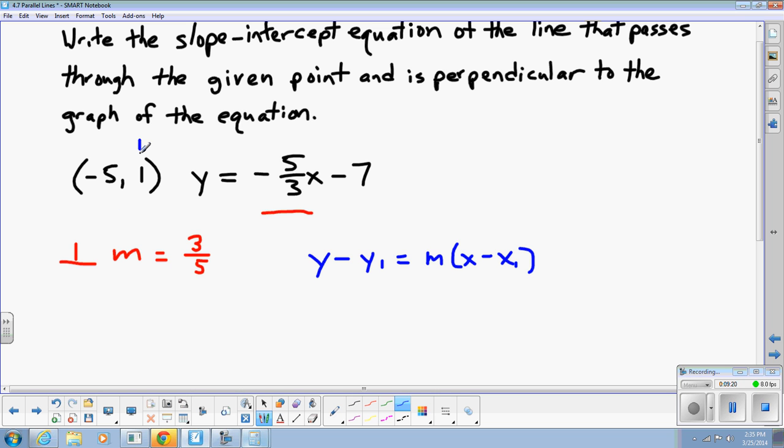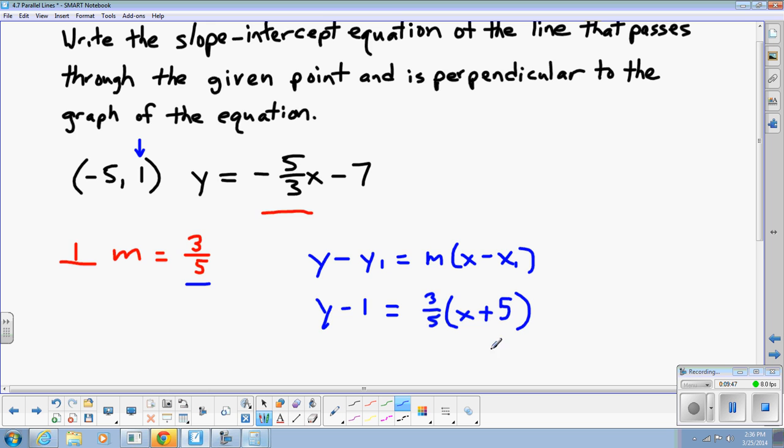Where's y1? Right there, the number 1. So I write y minus 1 equals, what is that perpendicular slope? 3/5. I'm going to use this rascal. So 3/5 times x minus x1. Where's x1? -5. Now you should know from your point-slope work, when I've got minus a negative, that is like a +5.